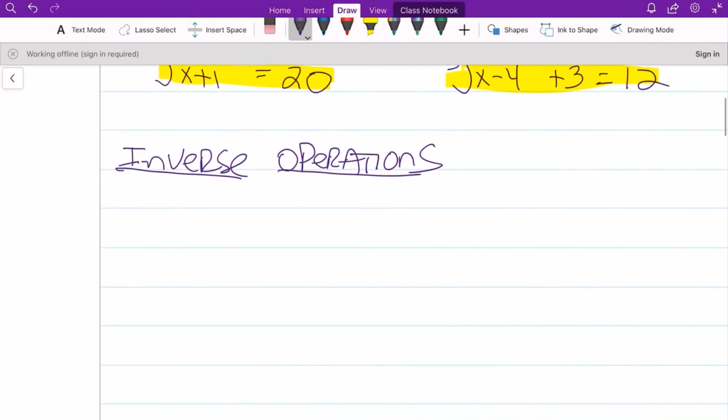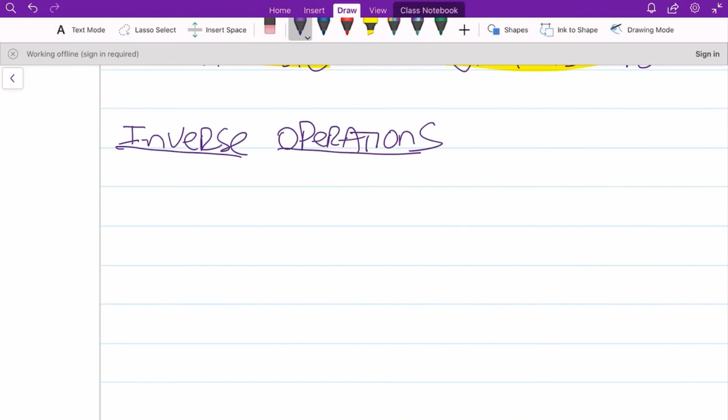If I use a very simple example, if we had x, and let's say we added 2 to it. Now, if I wanted to remove that 2, we would do the opposite of that. We would do the inverse operation, which would be subtraction. So we would subtract 2, and then we would wind up with what we started with, x.